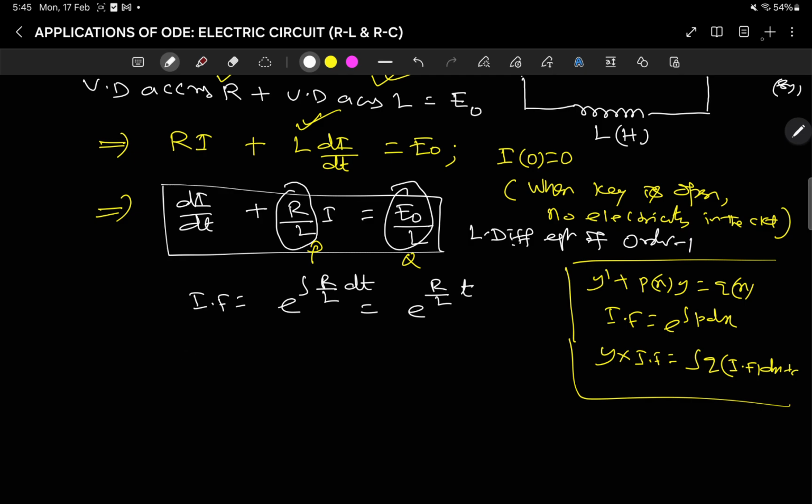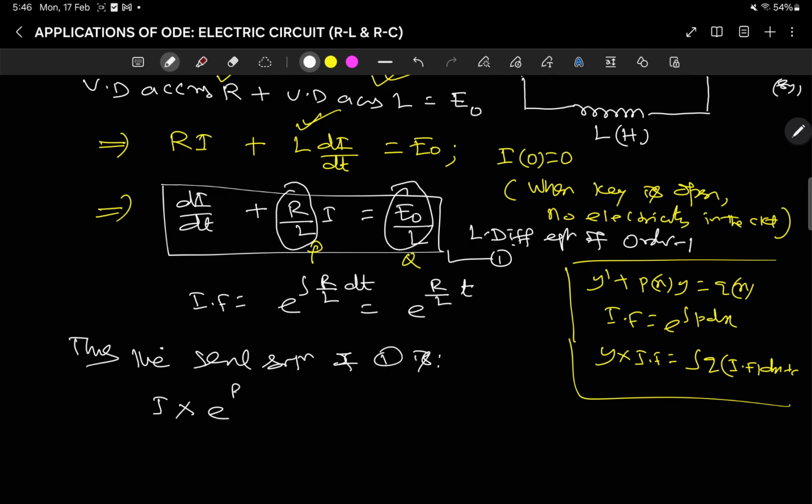So now the general solution. Thus the general solution, let it be my equation 1. The general solution of 1 is: here i into integrating factor, i into e to the power R by L t, is integral of Q, meaning E0 by L, which is a constant here.